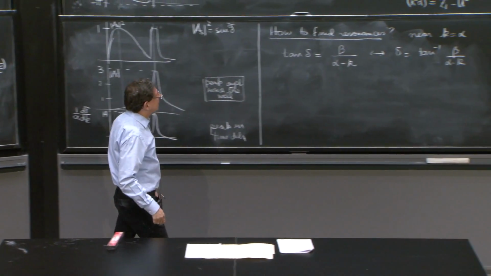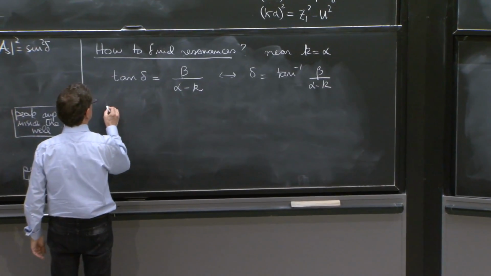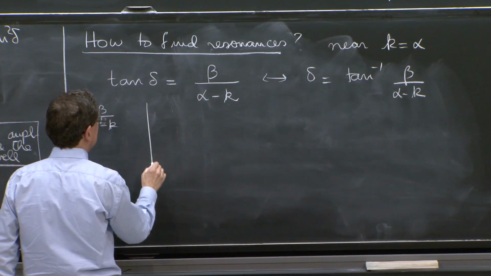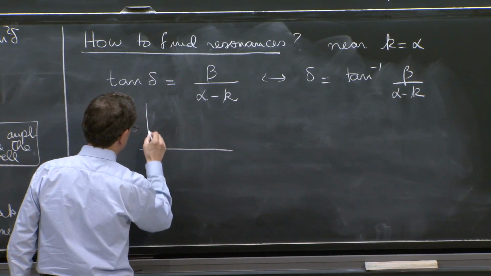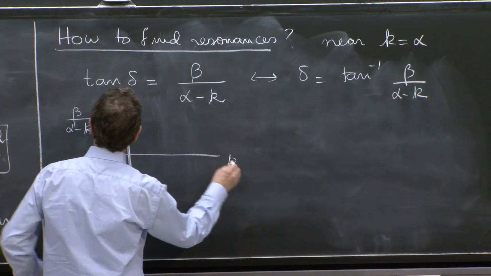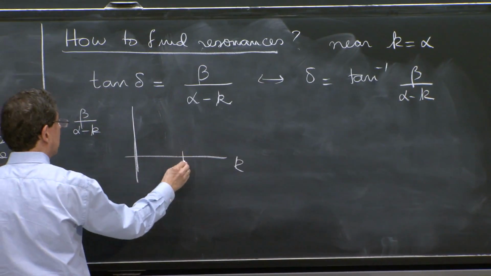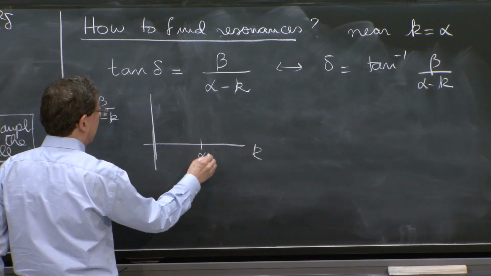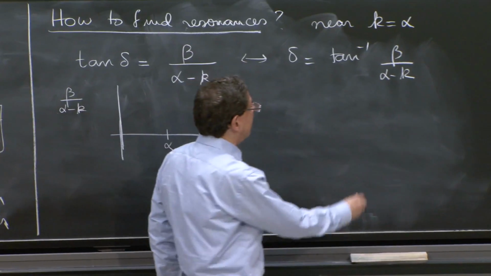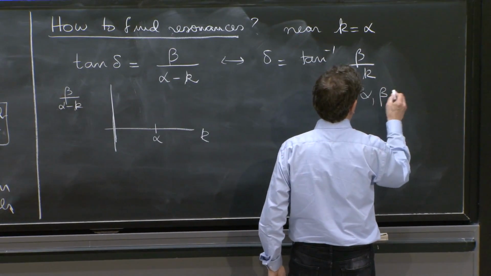So let's plot beta over alpha minus k to understand it. We need a plot to understand this. So this is k, and we're plotting this quantity. Well, it's going to go crazy at k equal alpha. That we know. When k is less than alpha, I'm going to assume that alpha and beta are positive.